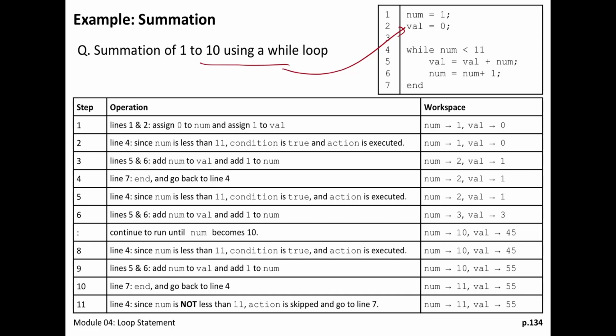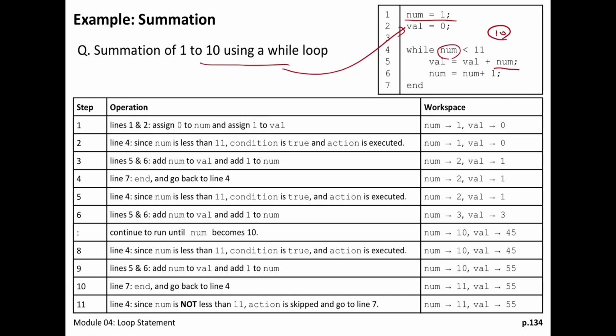We are going to add num from 1 to 10, so we set the condition num is less than 11. Here, assign 1 to, okay, assign 0 to num. Okay, that's not correct.